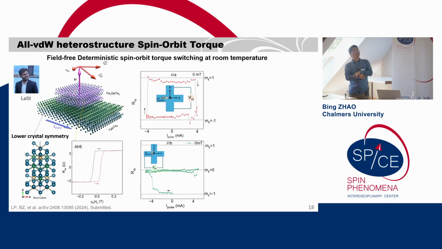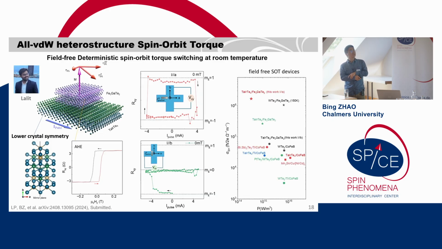When we apply the current along A, there is no need for a field. We can do the field sweep and the current-induced switching. But along the high-symmetry direction, it doesn't work. After some analysis, we show that these all-2D material devices have even lower power consumption and very high spin-orbit efficiency.